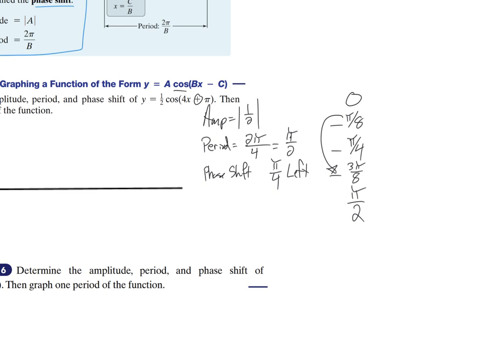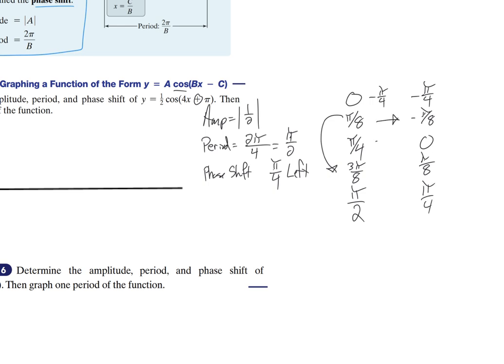Now to all of this, I need to add, since I'm going to the left, I need to subtract pi fourths. So this is going to give me negative pi fourths is 1, and then negative pi eighths. These weren't negative signs, those were just markers. So negative pi eighths, 0, pi eighths, and pi fourths.